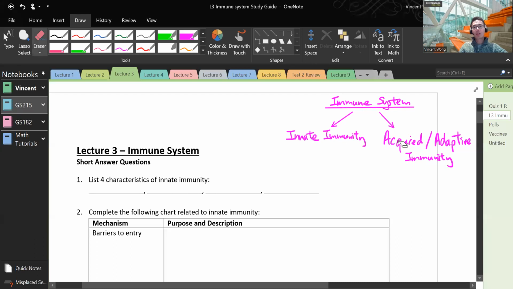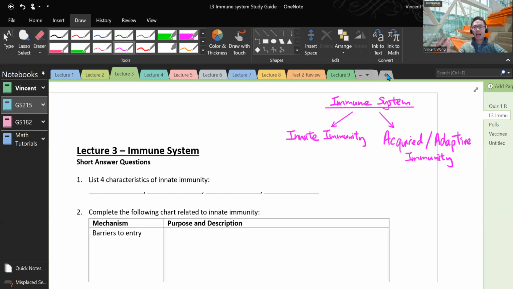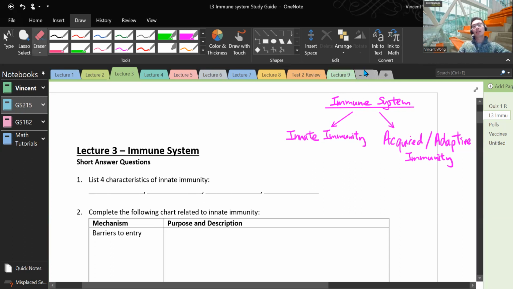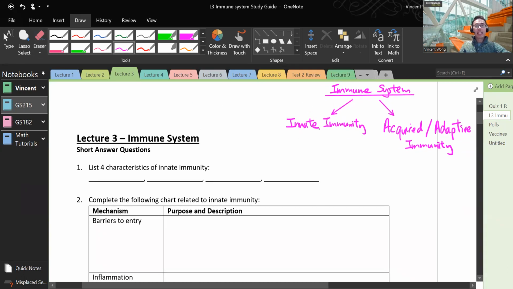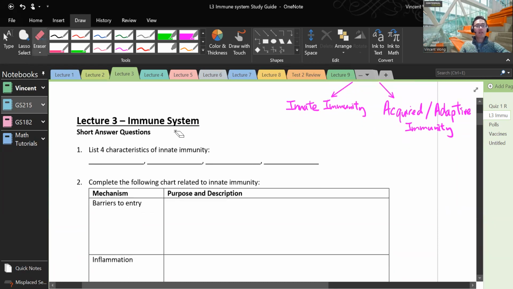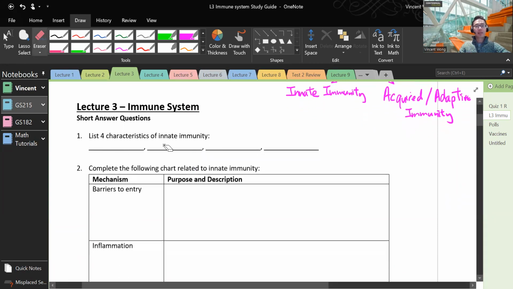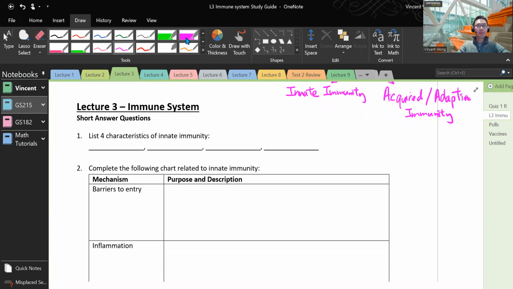Okay, so the two branches actually have interactions with each other. They don't work in silos, they work together to give you a full protective immune system. So we're going to start with the innate immunity. We want to have 4 characteristics of innate immunity. So does anybody know what I'm referring to? Any answers?